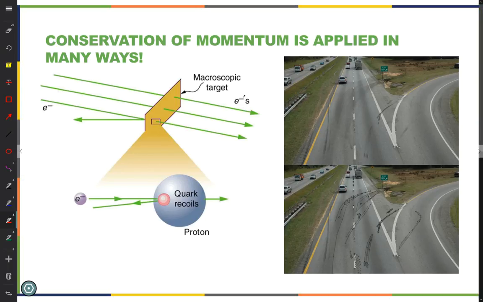And over here on the right is something that's much more rubber meets the road: analyzing what actually happened in a collision. If you look at this collision, you can't tell what happened because clearly this vehicle is different than this vehicle, and you've got all kinds of skid marks.